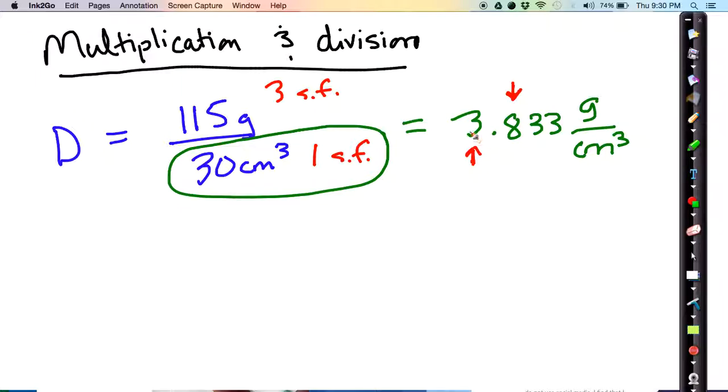So that means that we're going to round the 3 up to 4. And 4 grams per cubic centimeter is my final answer. So that's how you round to the appropriate number of significant figures with multiplication and division. We did an example of division, but the process would be the same for multiplication.